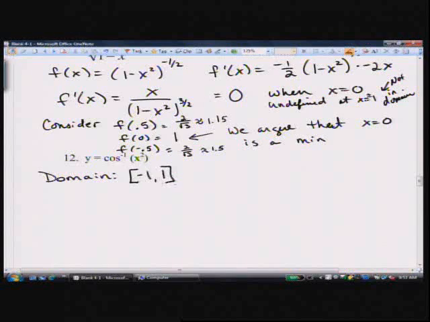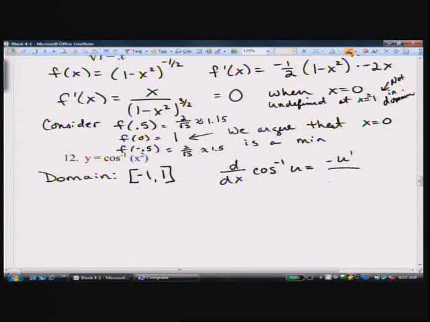So now we have endpoints that we're going to check, and then we're also going to see where the derivative equals 0. You have to look on your sheet unless you remember it. The derivative with respect to x of inverse cosine of u is -u prime over the square root of 1 minus u squared. Here, what's our u? x squared.